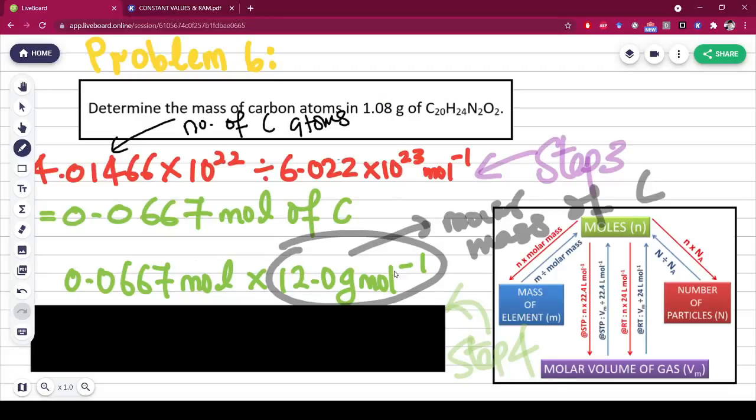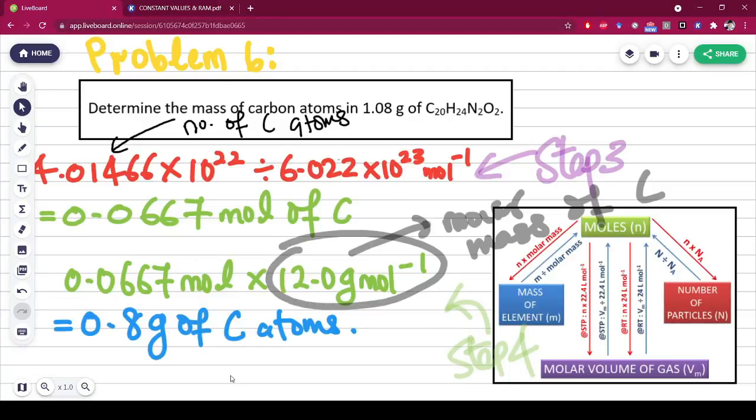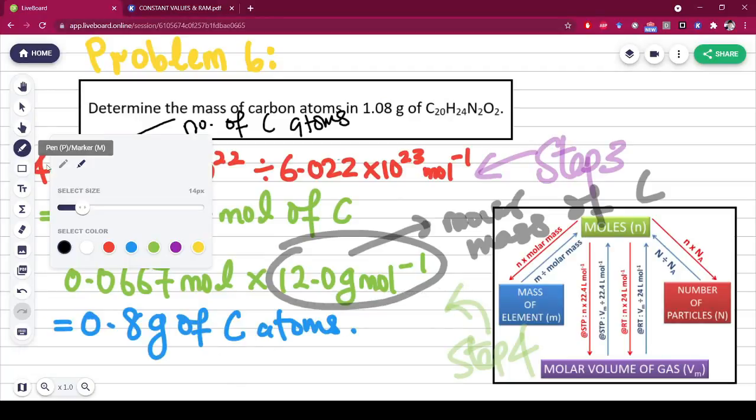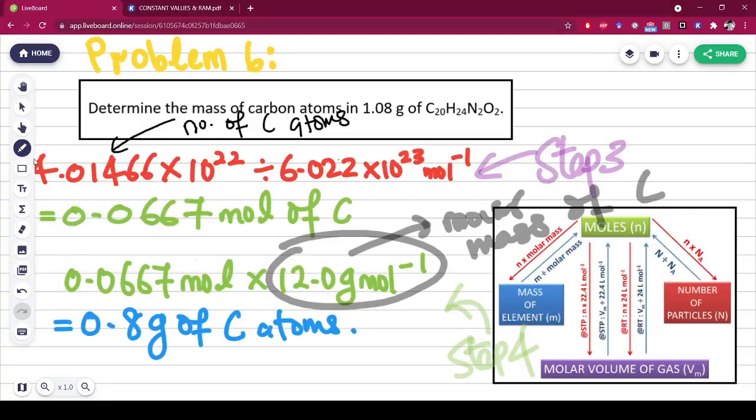So you take the molar mass of carbon times the number of mole, then you get the mass of carbon atoms. So it's slightly more difficult on the surface of it. You have one mark, you have one mark over here as well, and one mark over here. So that is how you're going to solve some problems in the mole concept.